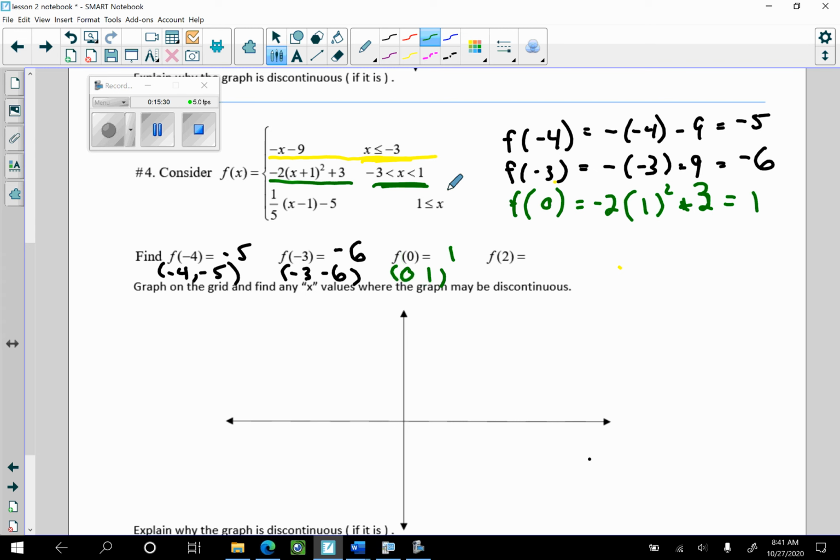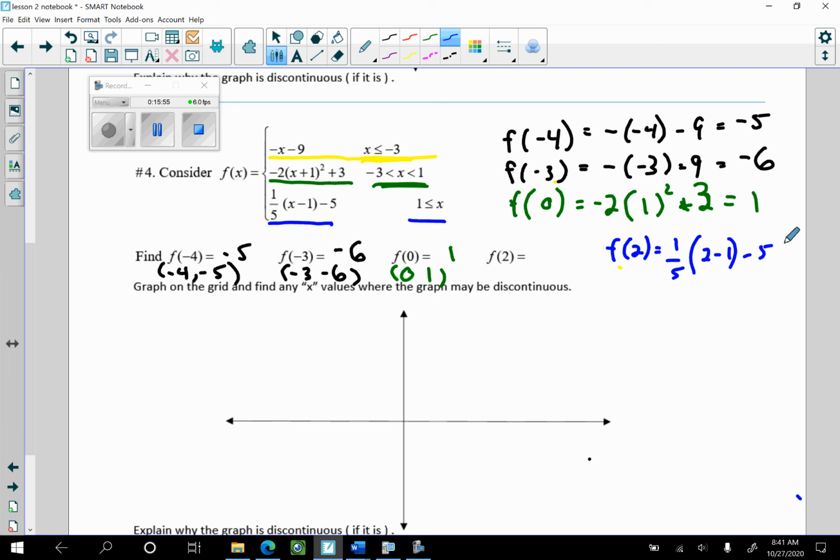And now I want to find f of 2. This piece right here is a line, and f of 2 is going to be easy to find. I'm going to put 2 into this piece. It's going to be 1/5 times 2 minus 1, which is 1, minus 5.